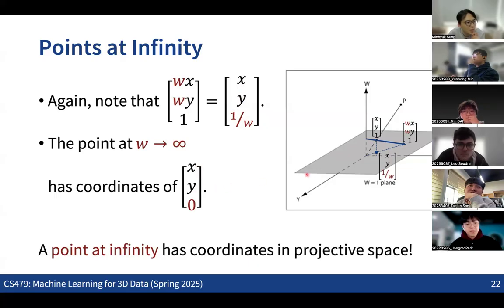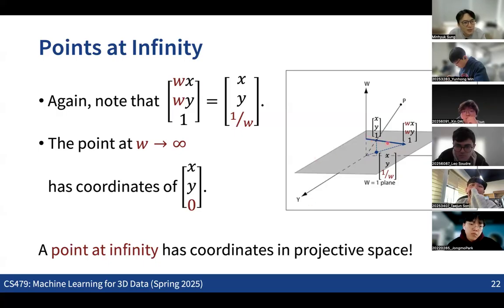So now we can represent the point at infinity with finite numbers. In the projective space, the interesting thing is that we can define finite coordinates for the points at infinity. That's an interesting difference from the Euclidean space. Make sense?